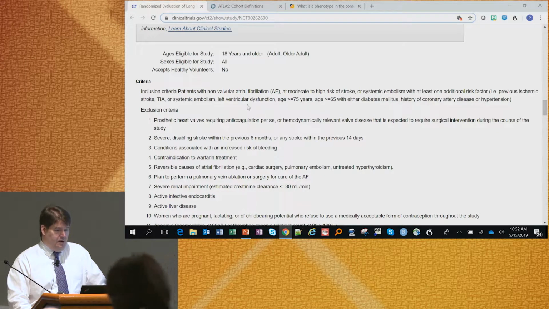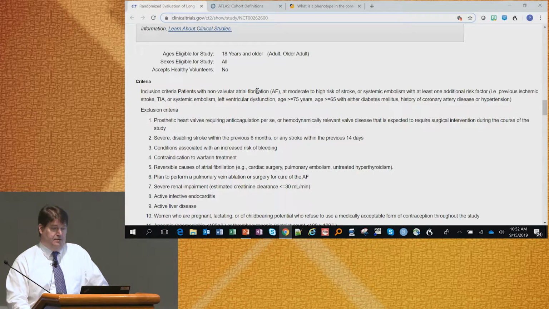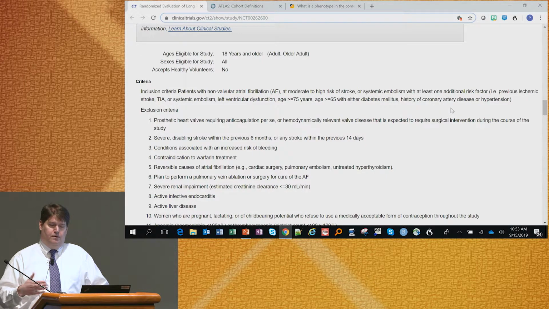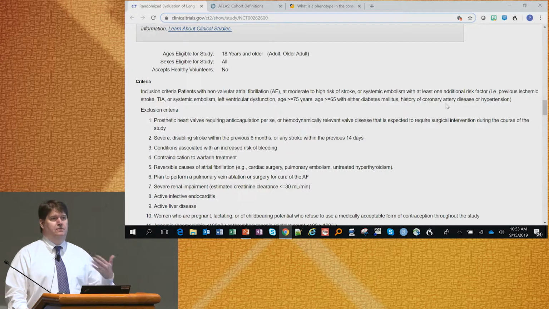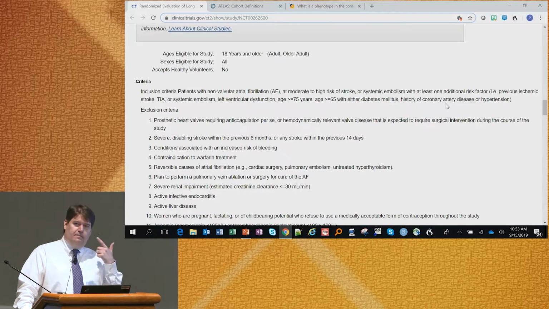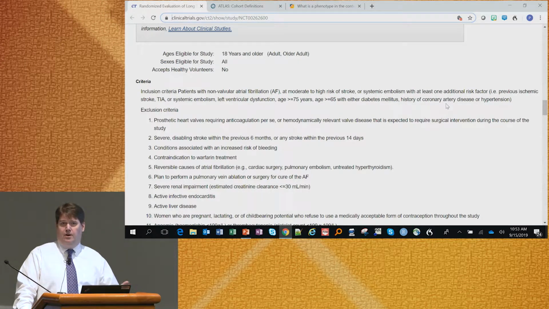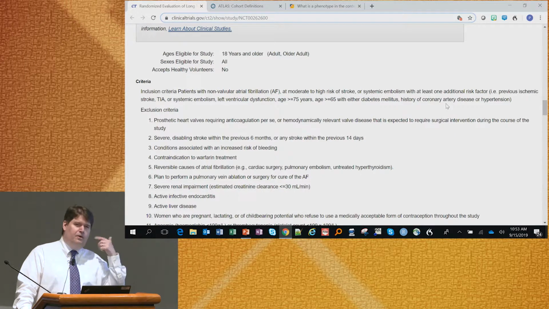The main inclusion criterion is that these patients have suffered non-valvular atrial fibrillation. They should also be at moderate to high risk of stroke, and they describe what these factors are. As long as you're at risk of stroke and you've taken warfarin, we then start talking about what the exclusion criteria are. While we go through these, I want us to really think about whether observational data can support all of these criteria, and how you would define them using observational data.